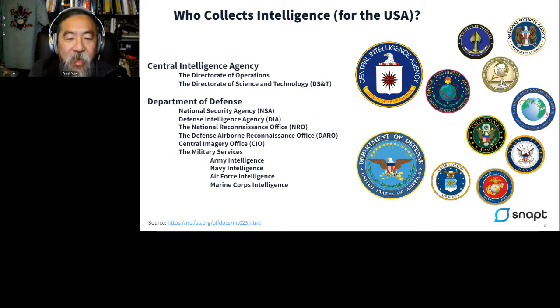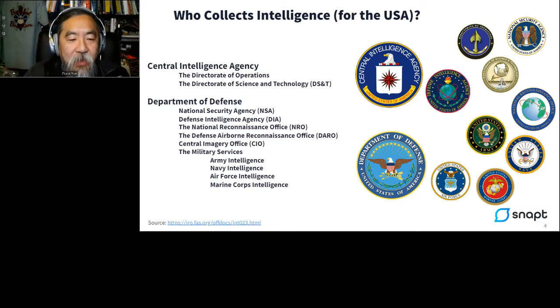And we'll talk about actionable information because that's an important point we want to make. The National Reconnaissance Office, they do all the satellite stuff, all the space missions. So all the satellite imagery that you see in the satellite photos and things like that, that is the National Reconnaissance Office.